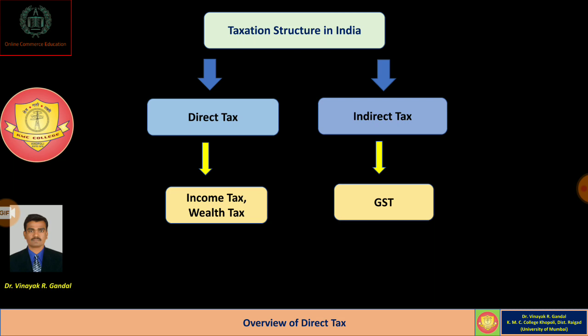And in income tax we have to understand various provisions of income tax, tax calculation procedure, income tax return filing procedure. So these are the two types of taxes which the government collects.